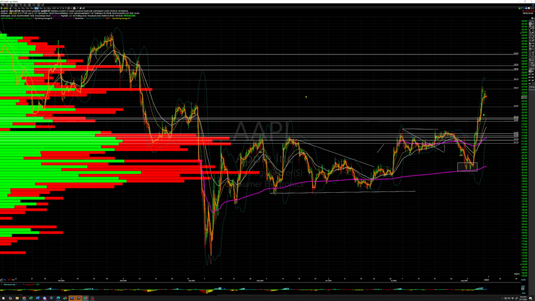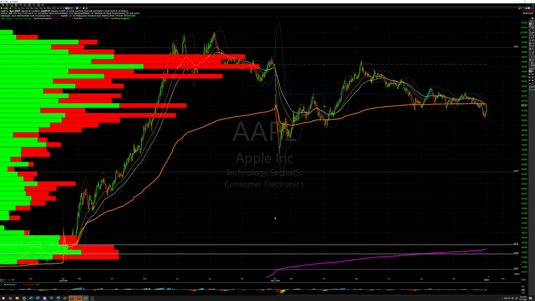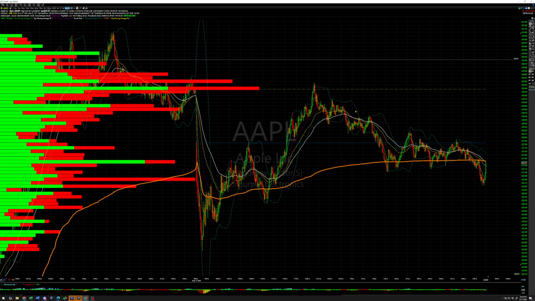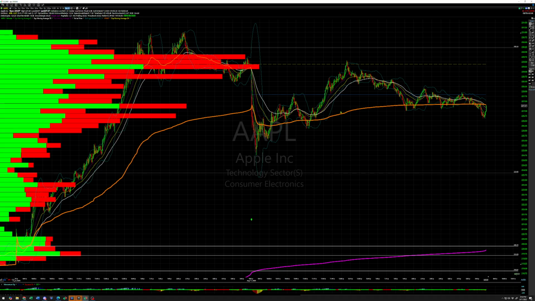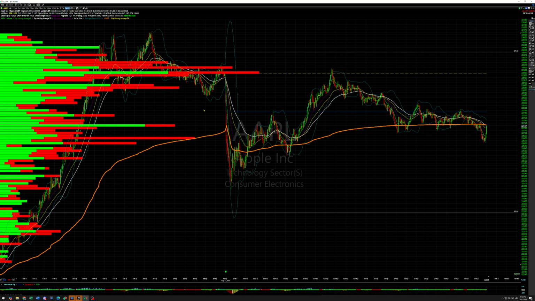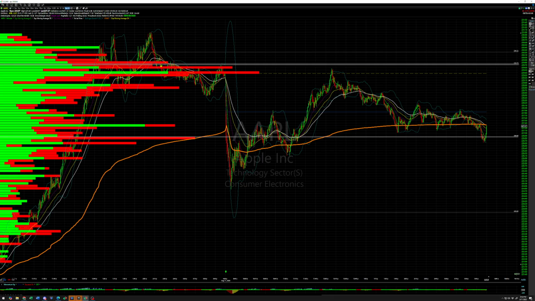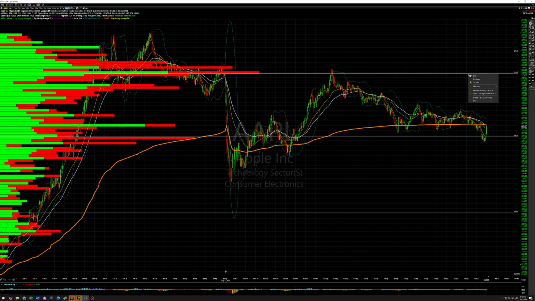So if we go to a 3-minute chart and we look at just a 1-minute chart and we look at just the intraday action from a few days, these may look like major pivot points, right? So it's like, wow, look at this one, but it's really only 1 or 2 days of volume. So if you're looking at a daily time frame, it's not going to really add up to a major pivot point.